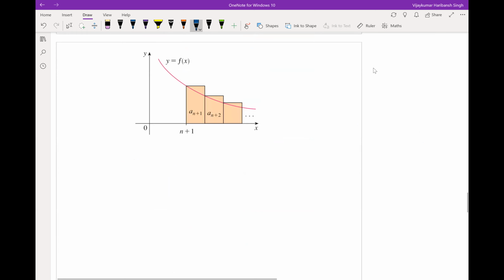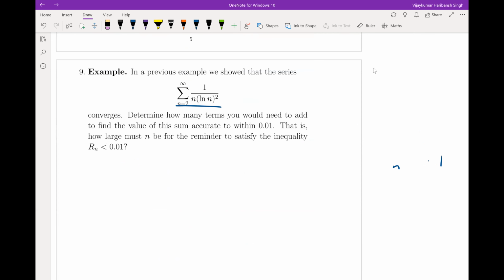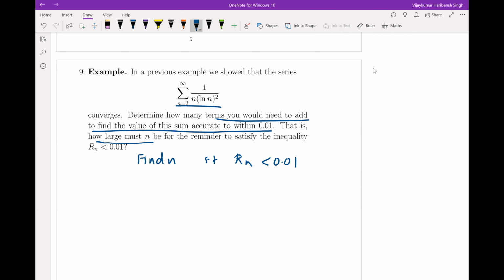So it makes sense to just concentrate on Rn. So determine how many terms you need to add so that you get the value of the sum accurate within 0.01. So you want to find n such that Rn is less than 0.01. That is, how large must n be for the remainder, it's not reminder, it's remainder, to satisfy the inequality Rn is less than 0.01. So let's work on this.